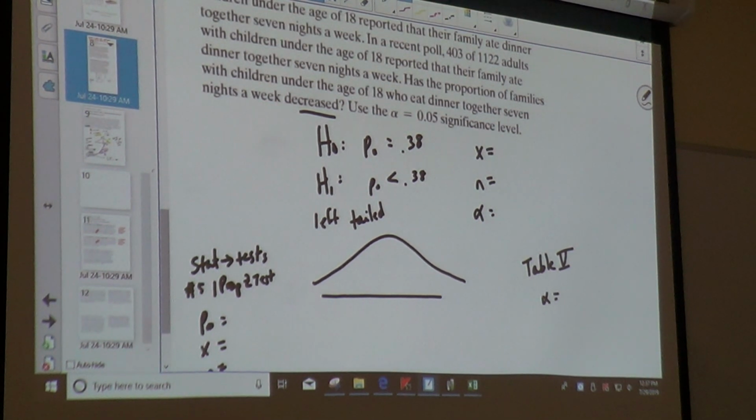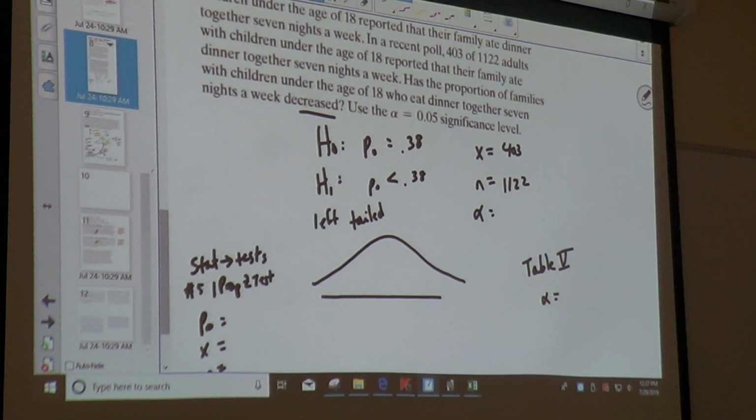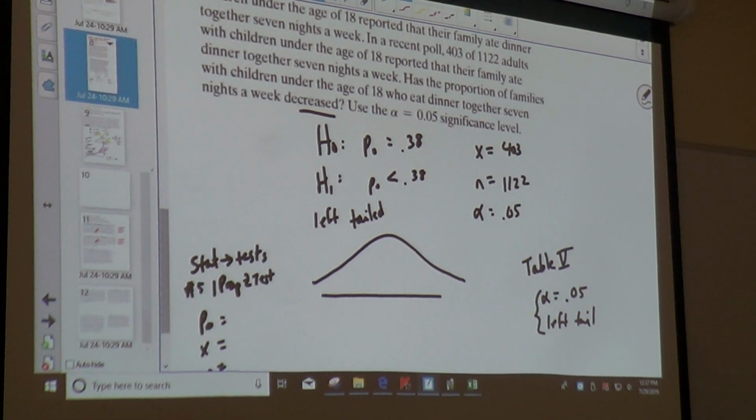What is my X? 403. What is my N? 1122. And what is my level of significance? 0.05. When I go to table 5, it is going to be a level of significance of 0.05, and it's going to be left-tailed. So a 0.05 and a left tail tells me what number to use.